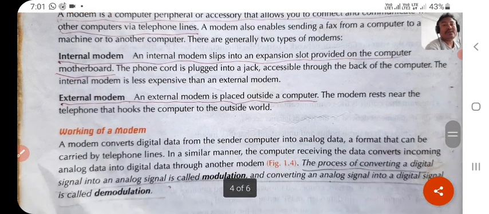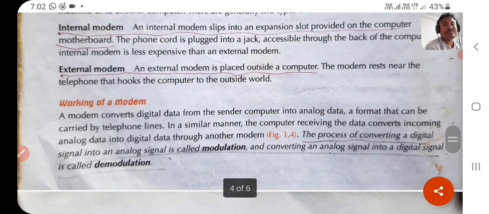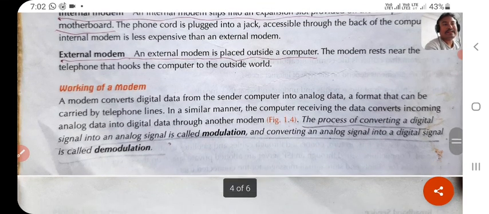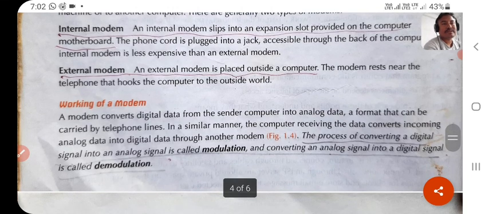And the working of a modem, how does it work? We know modems are required to connect our computer to communicate with other computers via telephone lines, and there are two types, internal and external. An internal modem is an expansion slot provided on the computer, and an external modem is placed outside a computer.